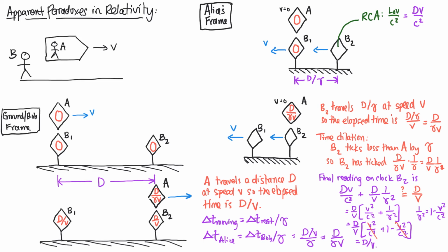So the bottom line is that clock B2 can get all the way to d over v, even though it ticked only gamma squared times less than that. And it does so because it didn't start at 0. It started at d v over c squared. And so at the end of the day, the reading on this clock will be d over v, whether you do the analysis in the Alice frame or the ground frame.